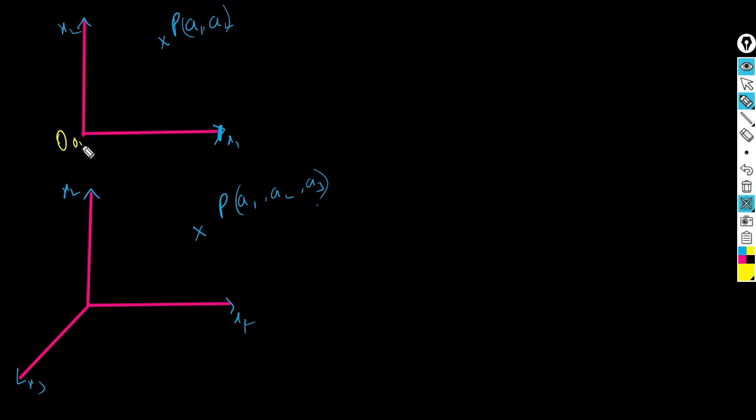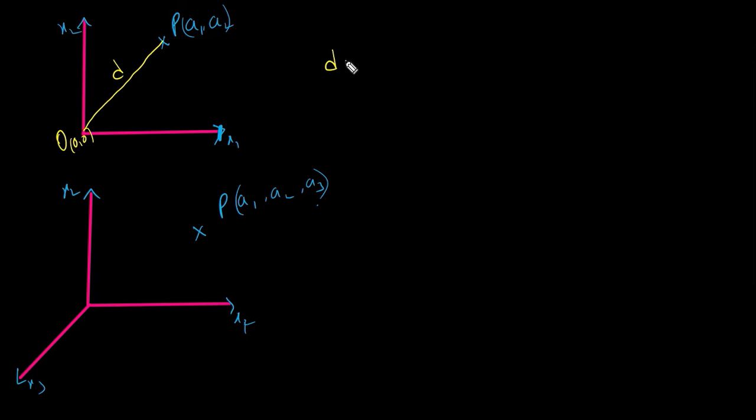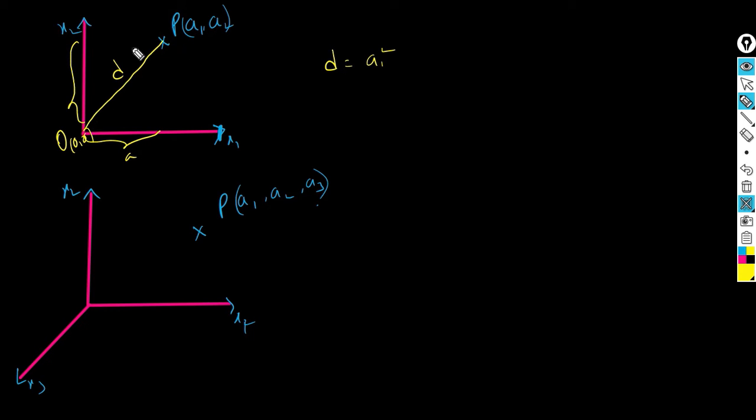This is the origin 0 comma 0. This is the distance. The distance d equal to the component value of x1, that was a1 square, and the component value of x2 is a2, a1 square plus a2 square.